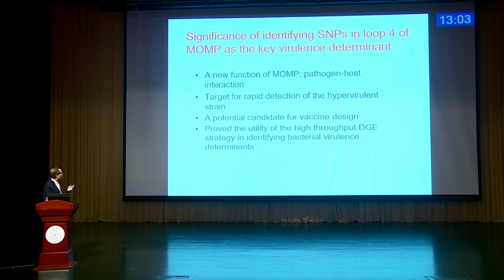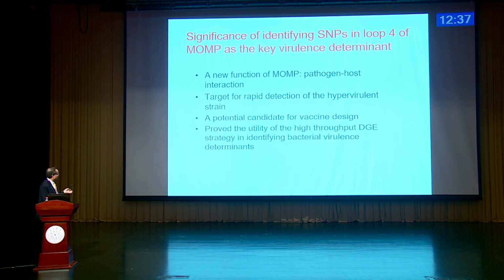And of course, we can utilize the SNPs for rapid detection of these hypervirulent clones, design specific PCR or diagnostic tests for detection of this pathogenic strain, and it is also a potential candidate for vaccines. If it is a virulence factor, would it be able to protect animals if we develop a vaccine using MOMP?